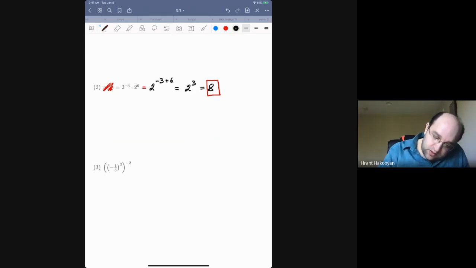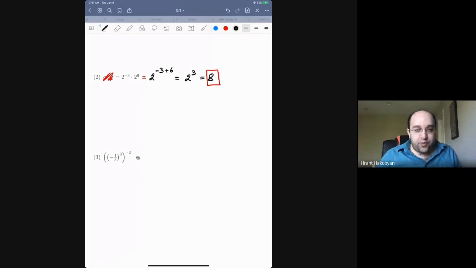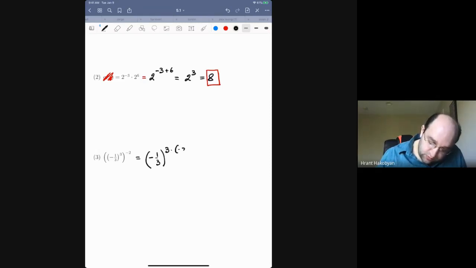And this one here is a little different. We take power of a power, and when we do that, the powers multiply, right? So I'm going to get negative 1/3 to power 3 times negative 2, which is negative 6, right? Now I'm going to simplify this.